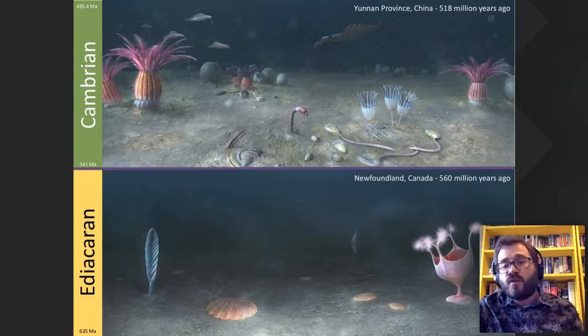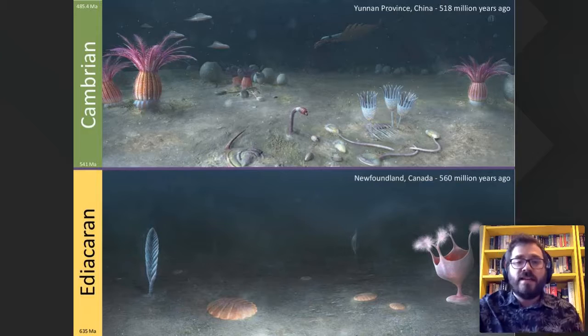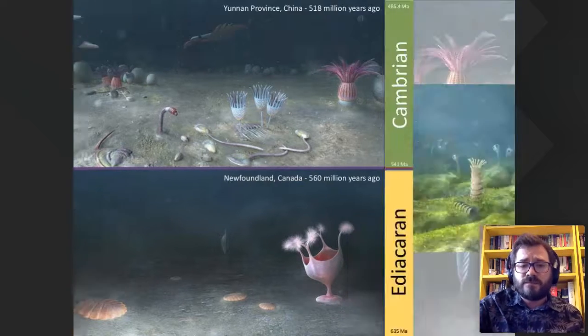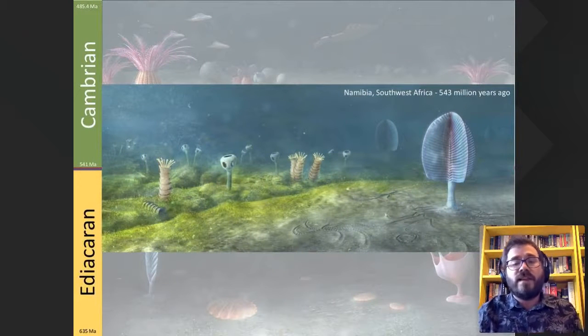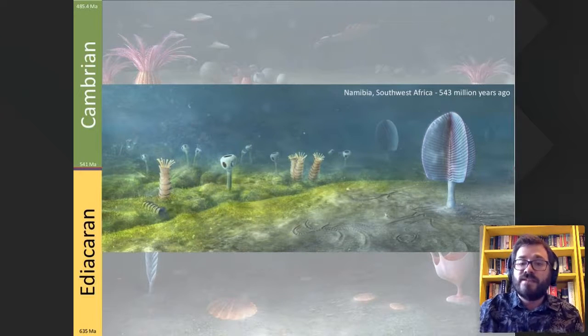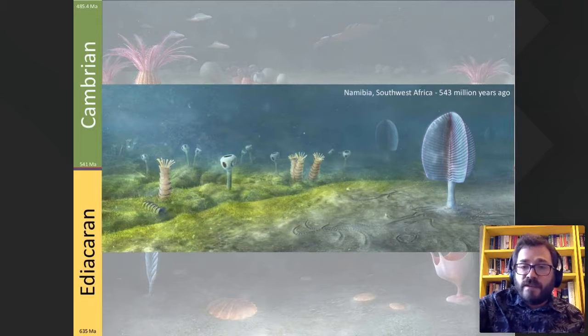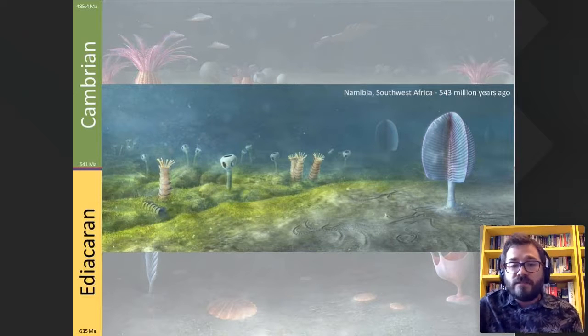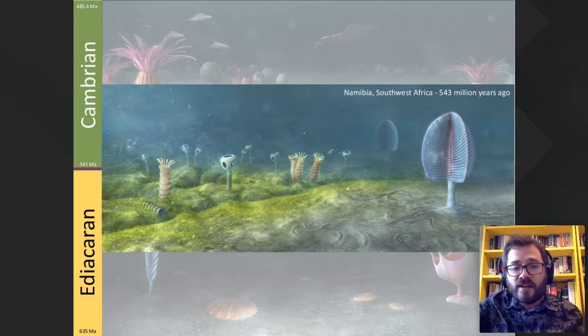Now, between these two quite different worlds, the Ediacaran dominated by soft-bodied things, and the Cambrian, where we see the advent of skeletons, we have this transitional period in the very latest part of the Ediacaran, typified here by an assemblage from Namibia in Southwest Africa, for around just before the Ediacaran Cambrian boundary, where we still have strange soft-bodied creatures that are very hard to place on the tree of life, like this Swartpuntia, nearest to me in this diagram.